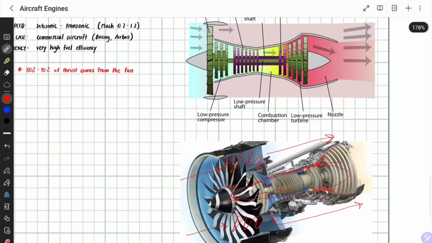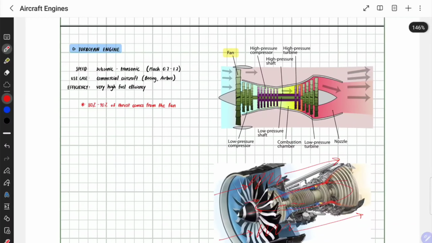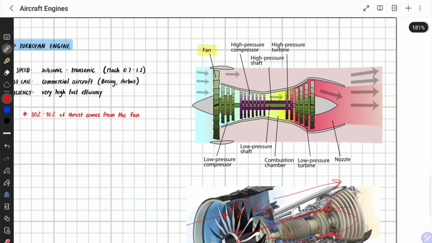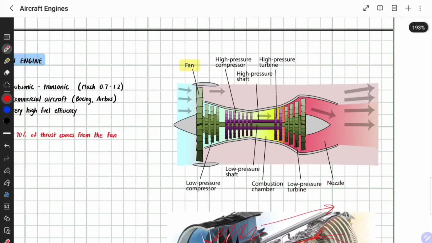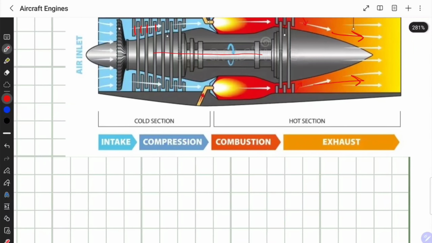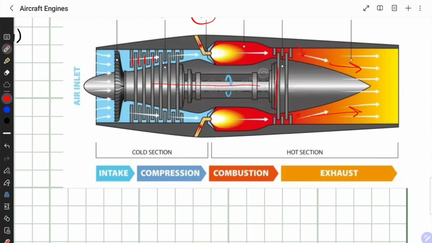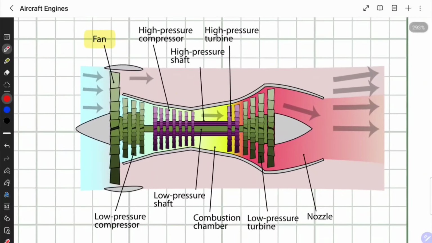So the turbofan engine works on the same principles. The big fan in the front, and just how the exhaust in the turbojet example drove the turbine blades, which in turn drove the compressor blades. That's this part here. The turbine here is connected on this shaft, which rotates the compressor blades.